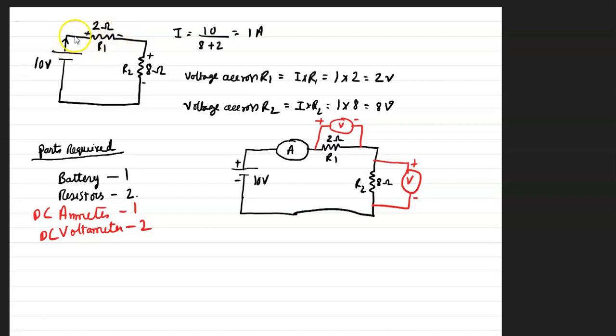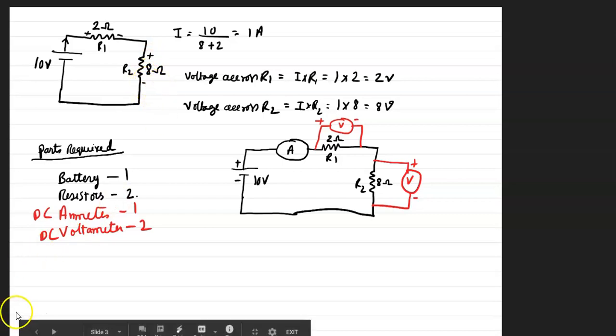So when the current flows through the resistor from left to right, the left-hand side is more positive than the right-hand side. Similarly, in the resistor R2, the current flows from top to bottom, so the top will be at higher potential than the bottom. So we show that as a plus and a minus. Plus means a higher potential and minus means the lower potential.